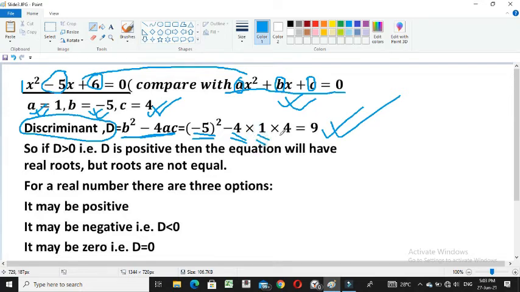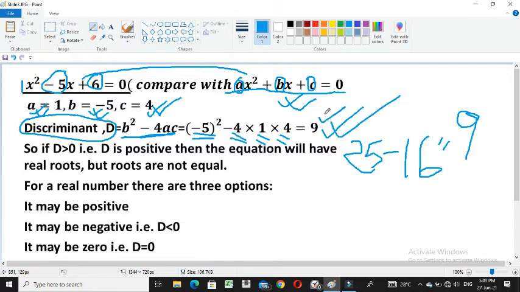So 5 square is what? 25. Then 4 into 6 is 24. 25 minus 24 equal to 1. The discriminant is 1.